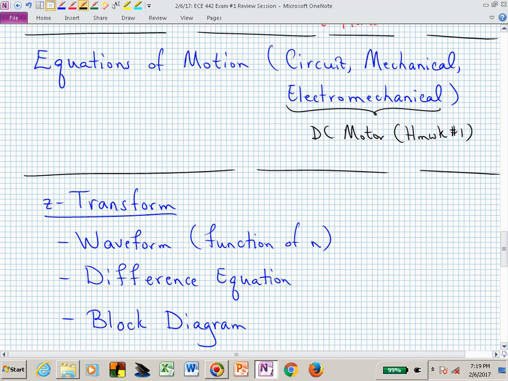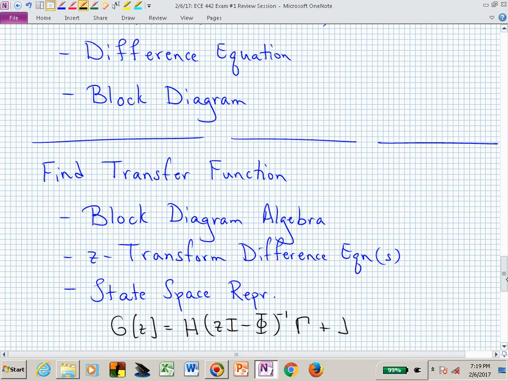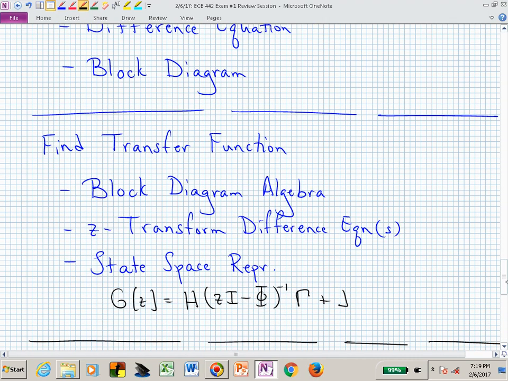You need to be comfortable with those. Transfer functions, you need to be able to find those either using block diagram algebra, Z-transforming the difference equation, or the formula to connect the state space time domain representation to a transfer function. You need to be able to apply all of those.